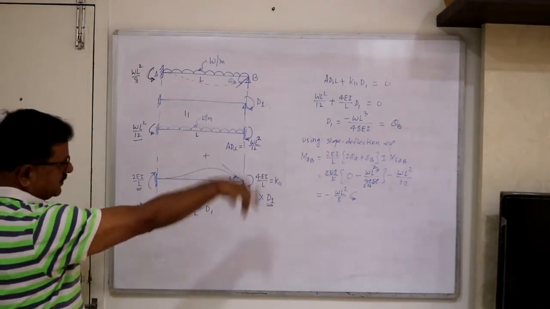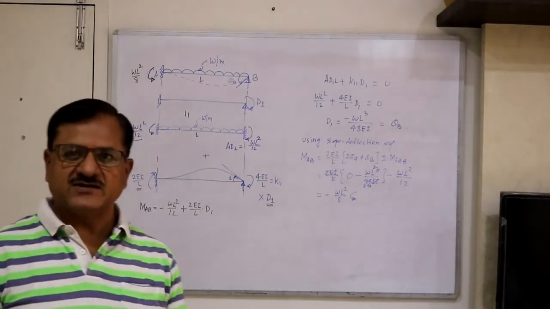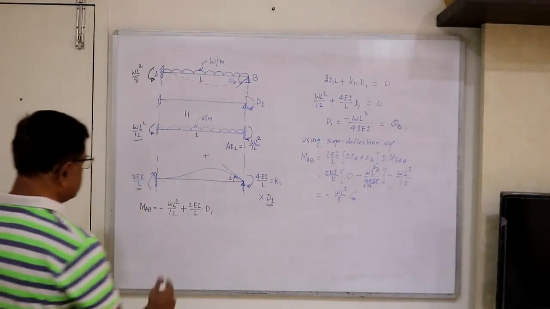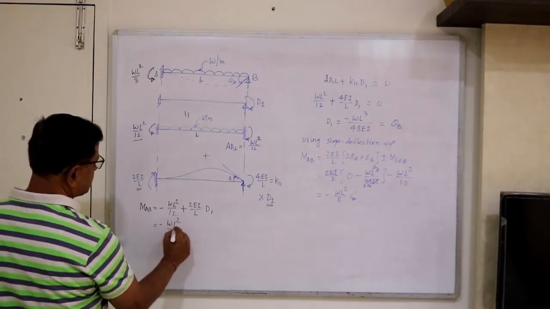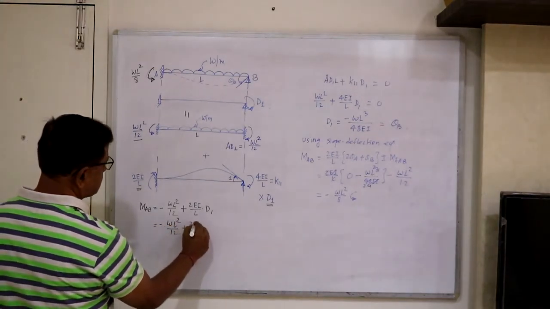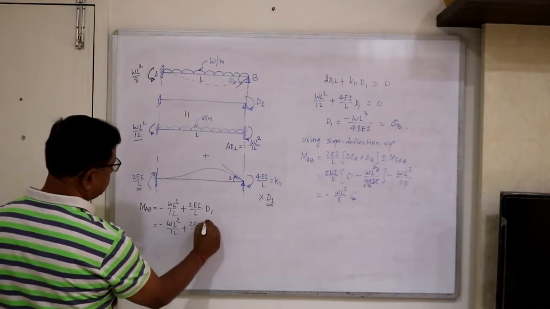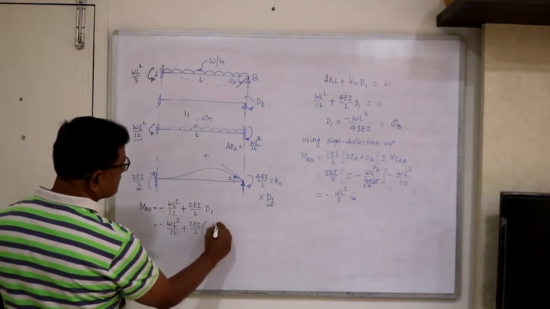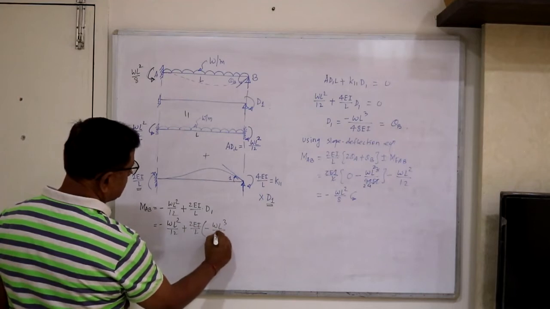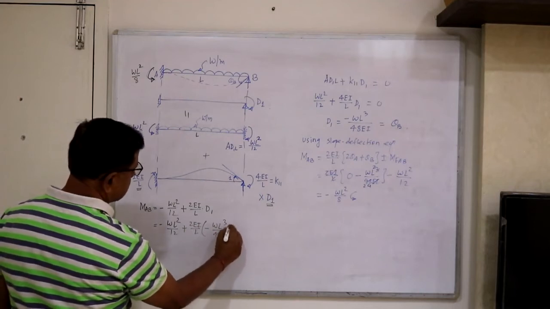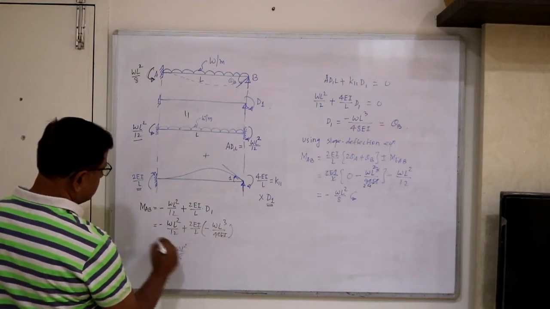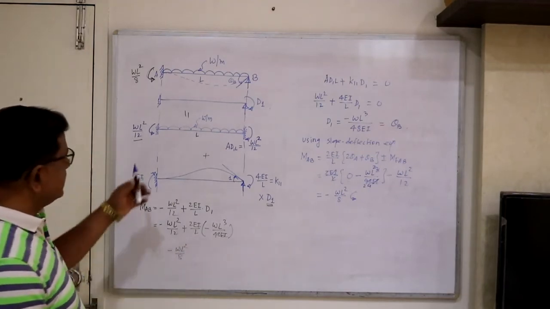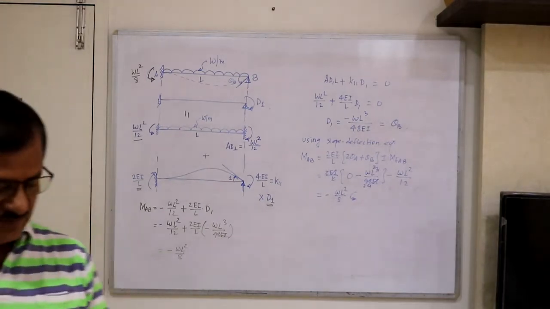So instead of writing down the slope deflection equations, we will find out this way. Now you substitute this, minus WL square by 12 plus 2EI upon L, and this is minus WL cube upon 48 EI. So this gives us again minus WL square by 8. Now here we have calculated fixed end moments.